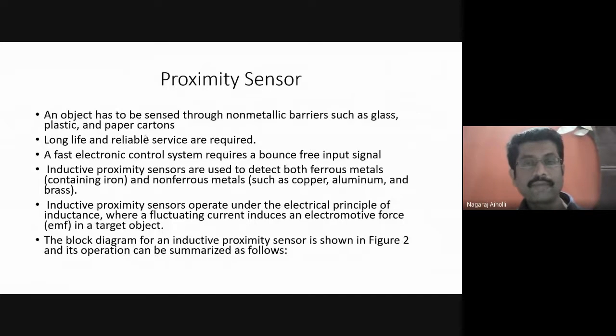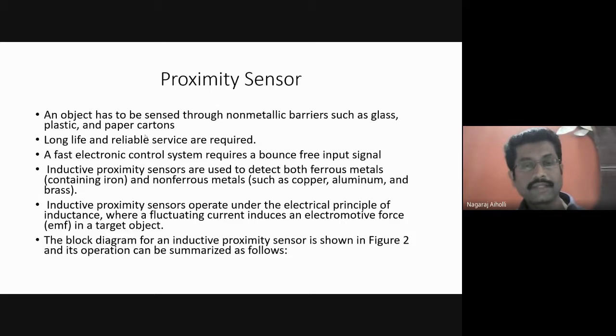When we bring any object near the current carrying conductor, suppose we bring a magnetic object near it, then it experiences a force. Whenever any object is brought nearer the current carrying conductor, it experiences certain force. Based on this principle, the inductive proximity sensor works.